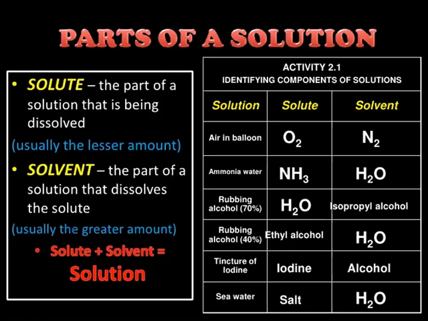If we consider the solutes, they are oxygen, ammonia gas, water, ethyl alcohol, iodine, and salt, whereas solvents include nitrogen, water molecule, isopropyl alcohol, water molecule again, alcohol, and water. Since solvent can be water as well as other liquids, we do have types of solutions also.